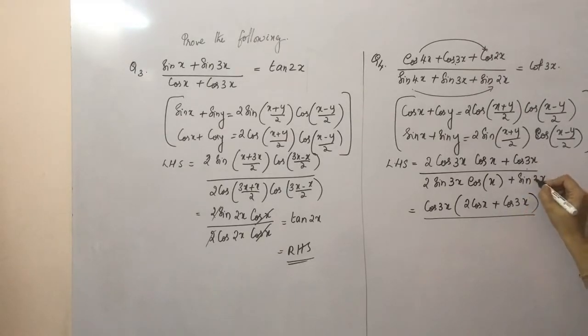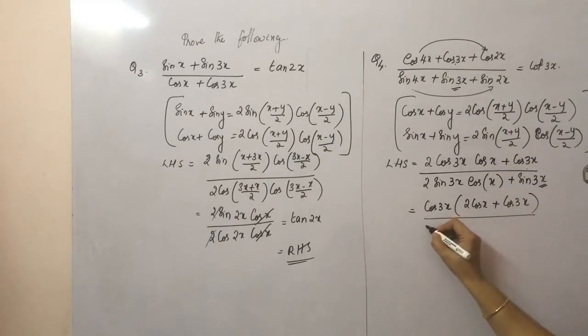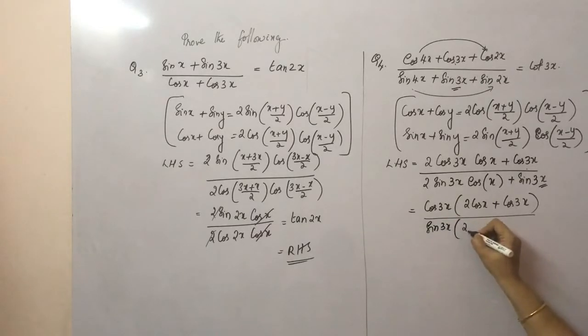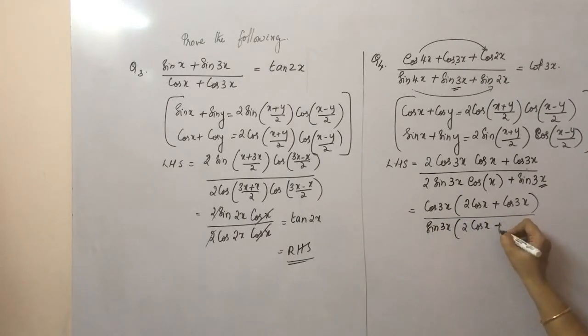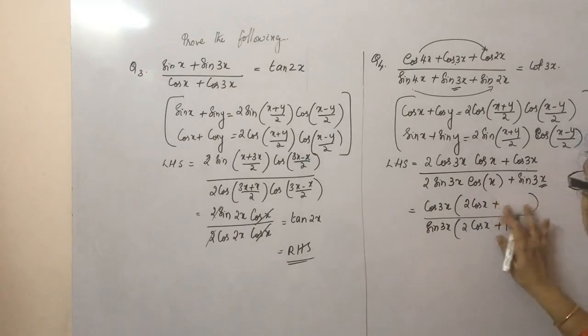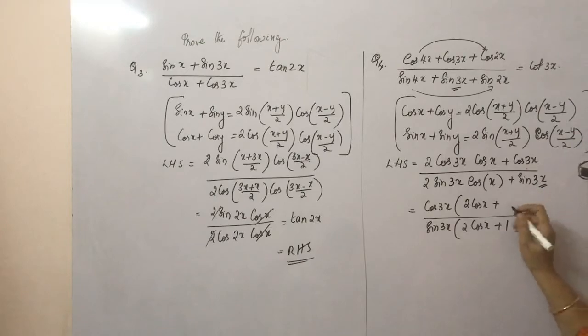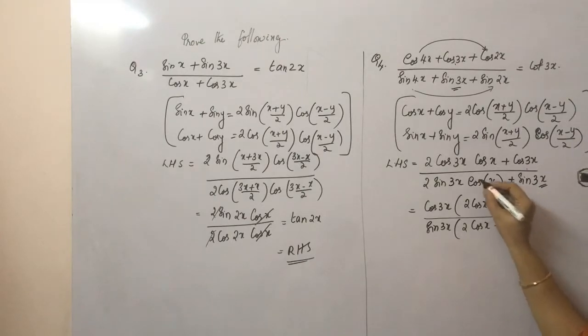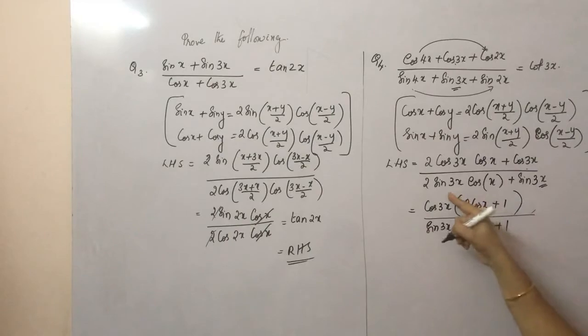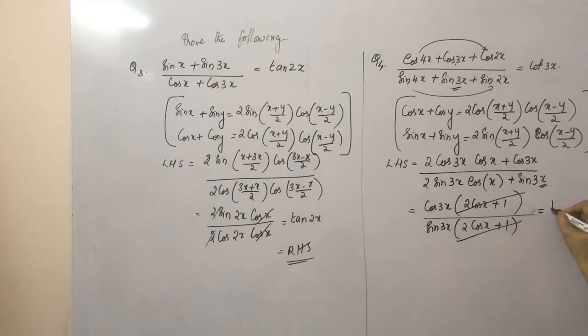This is sin 3x here because this is the value, sin 3x. So sin 3x when taken outside, what will I get? Sin 3x taken outside, 2 cos x plus 1. Now I made a mistake here. No, this is 2 times cos x plus 1, and this is 2 times cos x plus 1. So this and this cancel, and this gives me what? Cot 3x, which is my RHS.